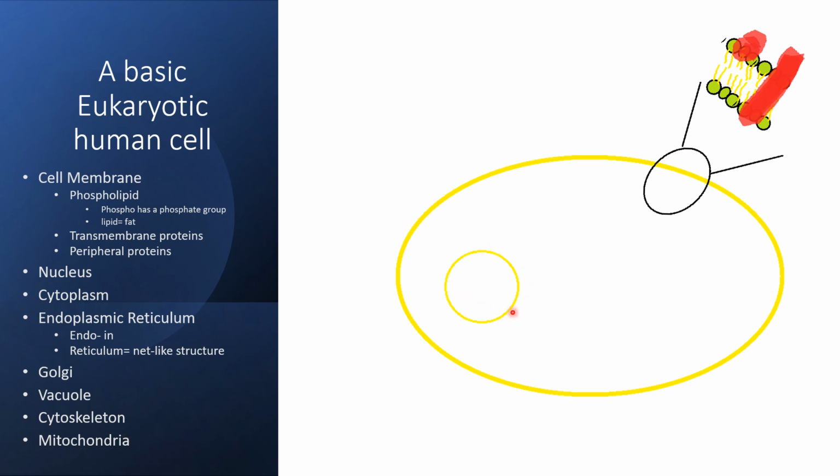Over here we have a nucleus, and I made it yellow because it is composed of phospholipids. It does have transmembrane proteins across it, which are called nuclear pores. Over here I drew our mitochondria, which has a phospholipid bilayer outside and an inner membrane as well.